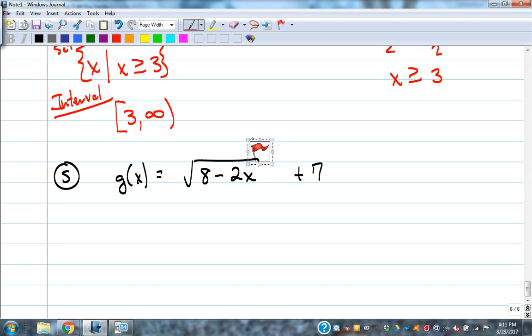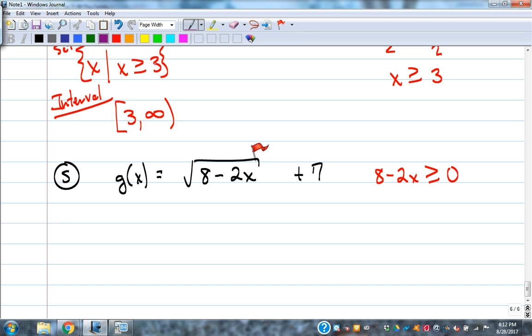That's the only part we worry about being a positive number or 0. So we set up our inequality: 8 minus 2x greater than or equal to 0. That 7 really doesn't do anything to it. It has all the effect on the range, not any on the domain.